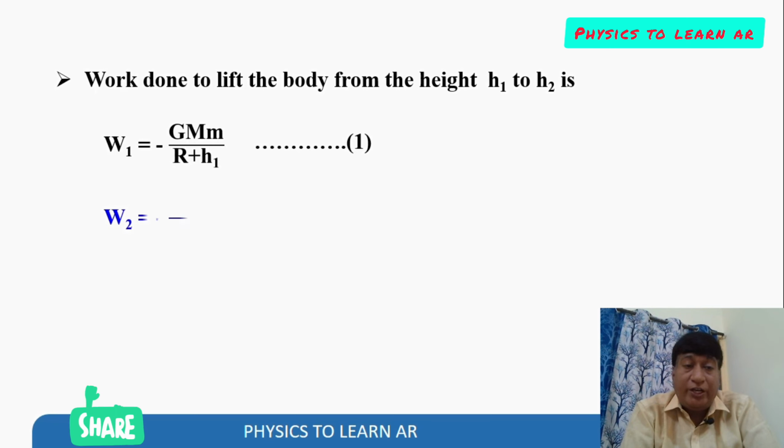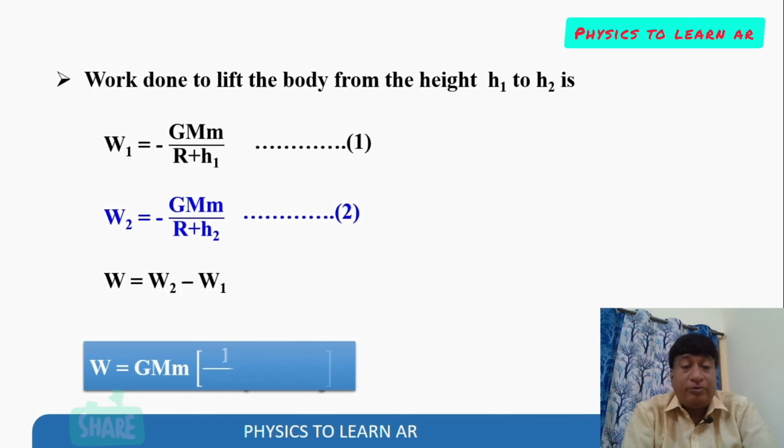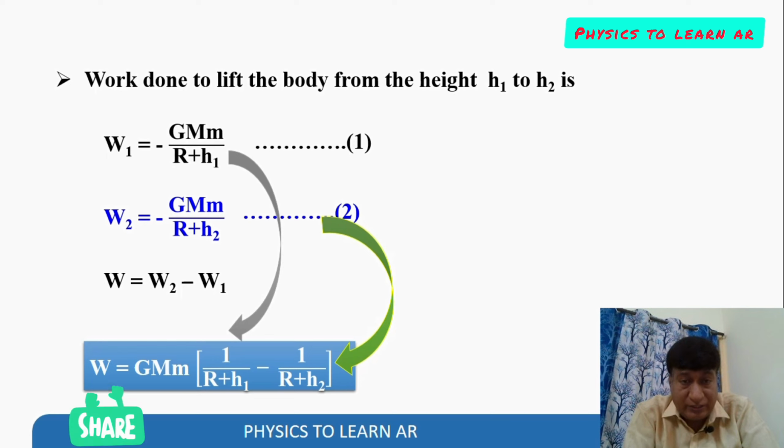In the same way, W2 is equal to minus G M m by r plus h2. We need to find the work done: W is equal to W2 minus W1. On substituting W2 and W1, we get the final equation like this.